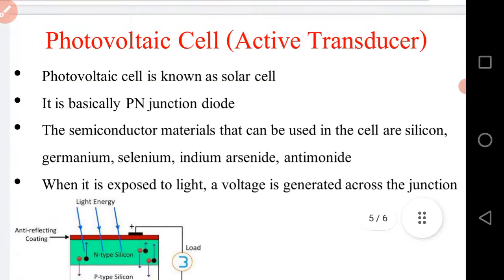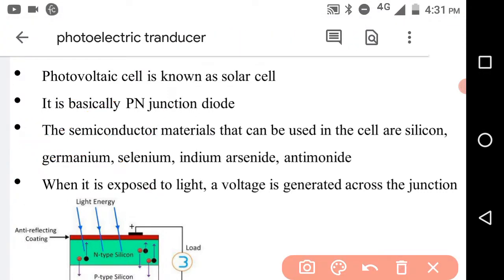So what is a photovoltaic cell? A solar cell is called a photovoltaic cell. So you know that there is a PN junction. If P and N type materials are combined, there is a depletion region formation.